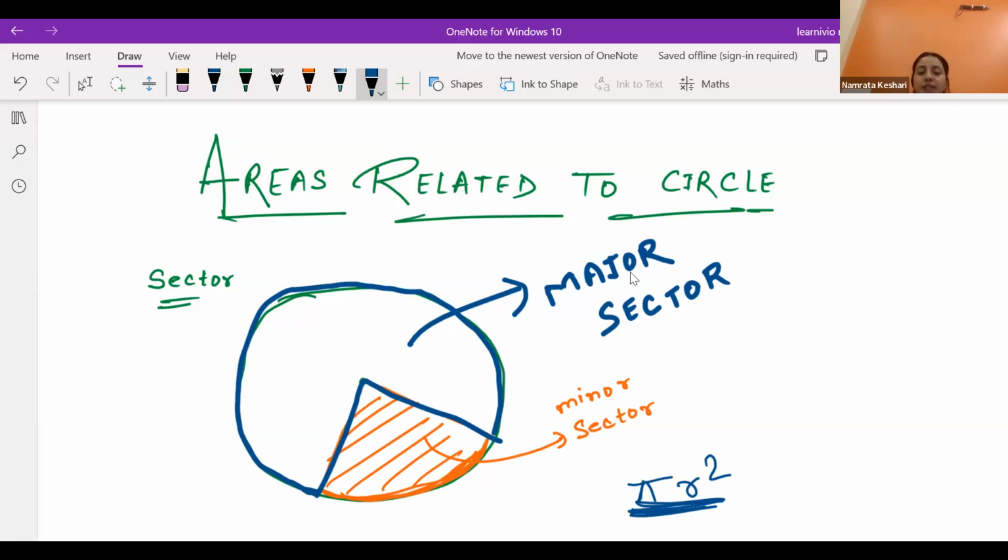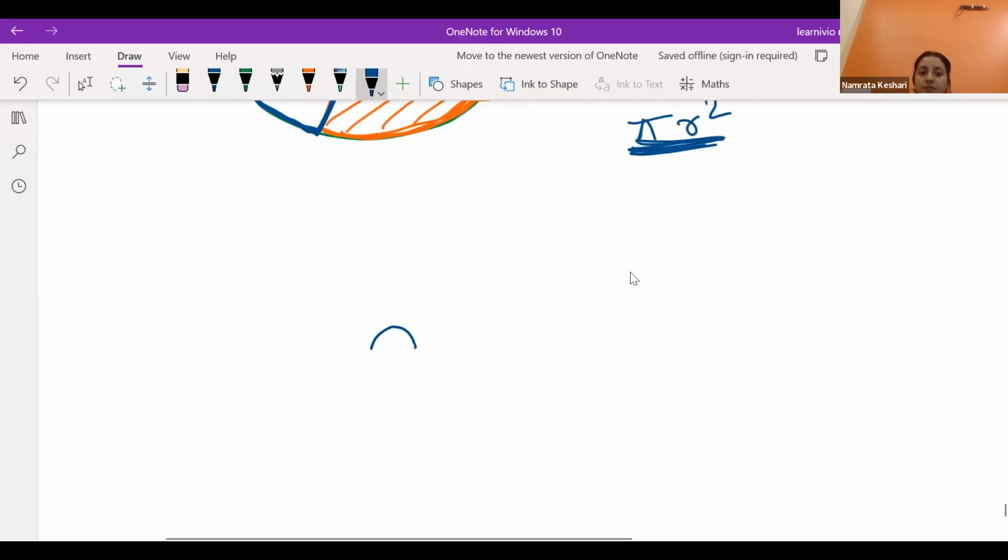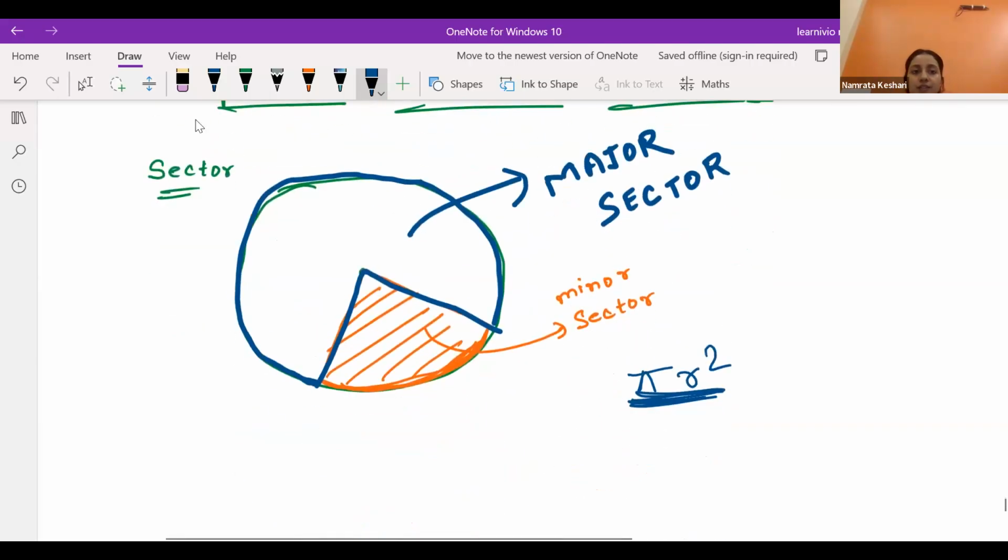Now you understand the complete angle in a circle is 360 degrees, right? In the same circle, if I try representing the complete angle, this complete angle is 360 degrees.